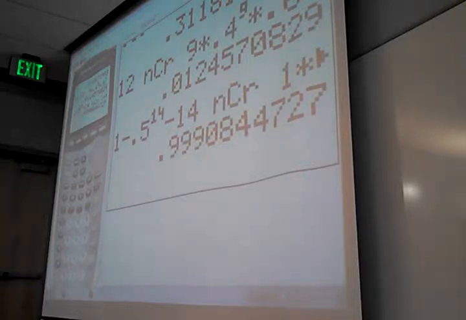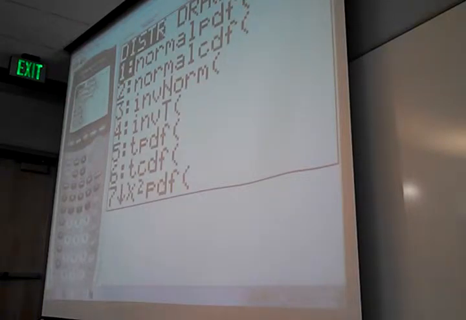Go to second vars. That'll get you into distributions. You see how it says DISTR up there? Short for distributions. You've got some stuff about normal, and here's where you've got the normal.